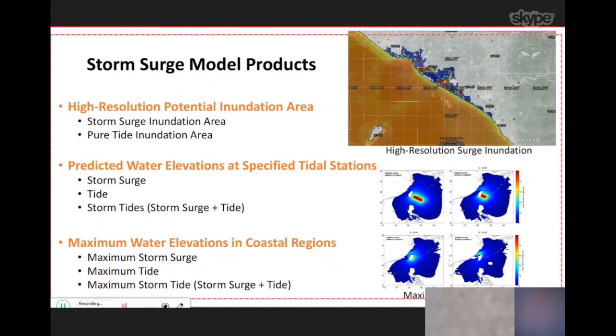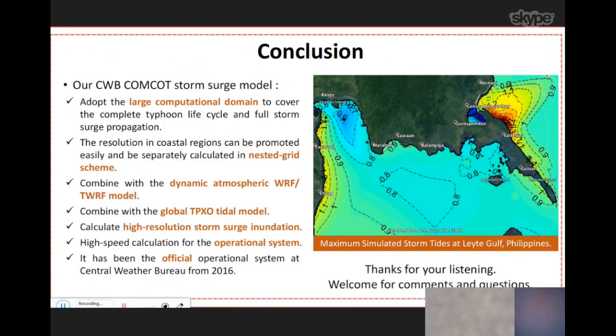Our model can adopt a large computational domain to cover the complete typhoon life cycle and full storm surge propagation. The resolution in coastal regions can be very easily promoted, calculated in a nested grid scheme, and combined with the WRF or TWRF model, and with a global tide model.